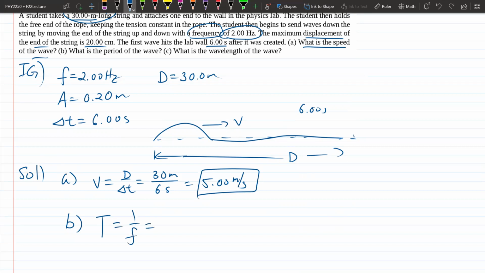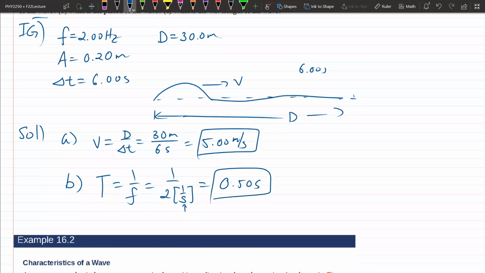So this is 1 over 2 hertz, and I'm going to write hertz in its base units, which is 1 over seconds. That means it's 0.50, and since this is in the denominator of a denominator, the seconds becomes the numerator. So the period is half a second, okay?